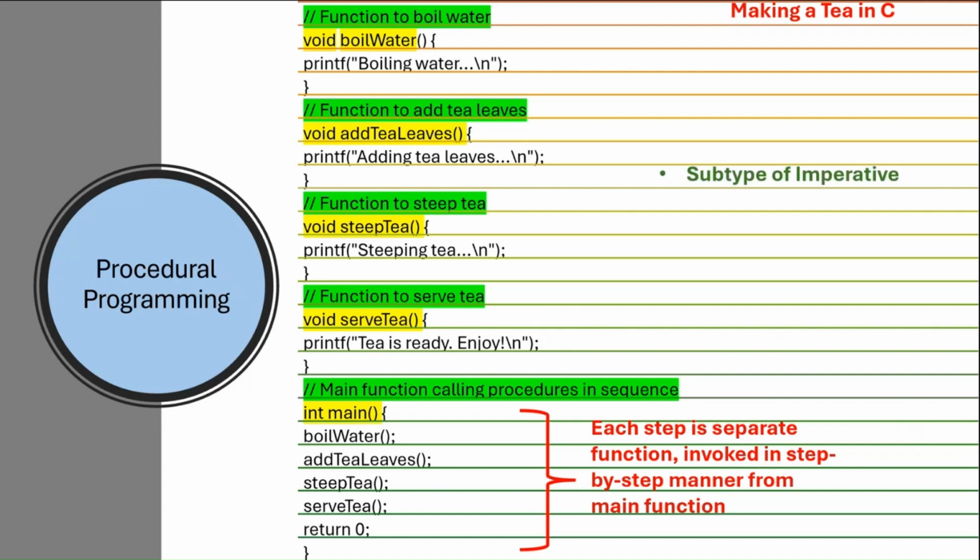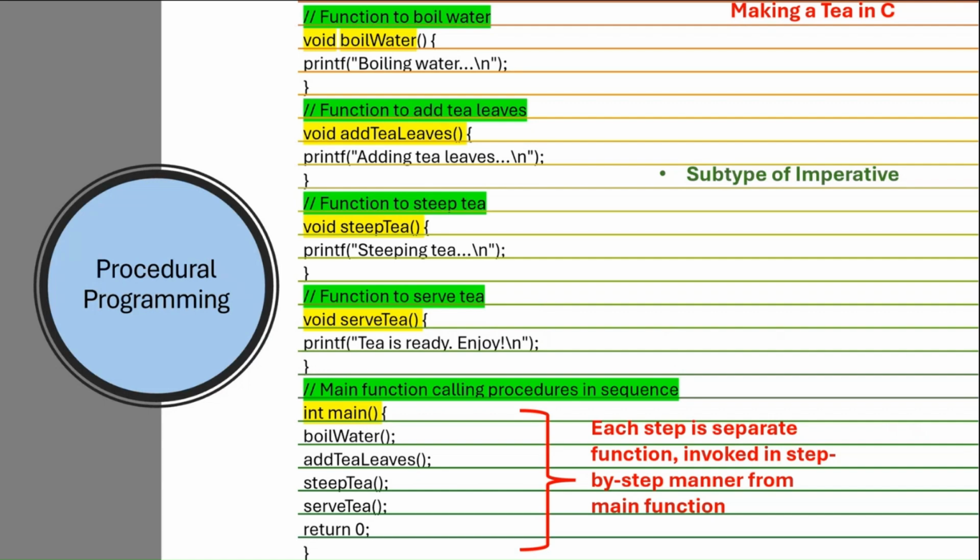The main work is making tea, but the steps are now made as separate functions, and those steps are invoked in a step-by-step manner from the main function, or the main problem which we want to solve, right? Now, if we see, the focus is more around the procedures, or dividing the logic into specific procedures or functions, right?